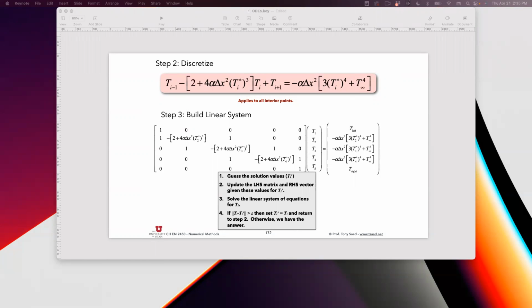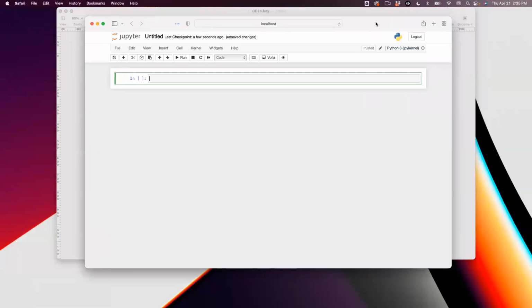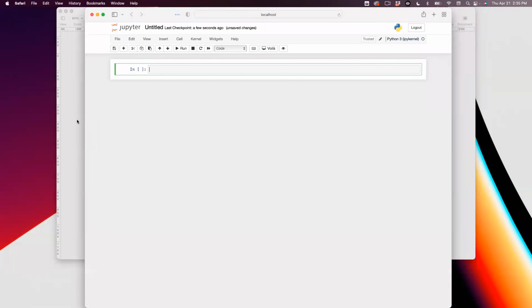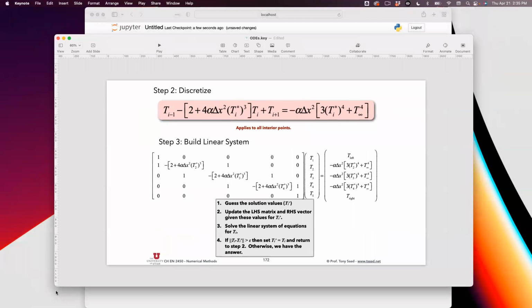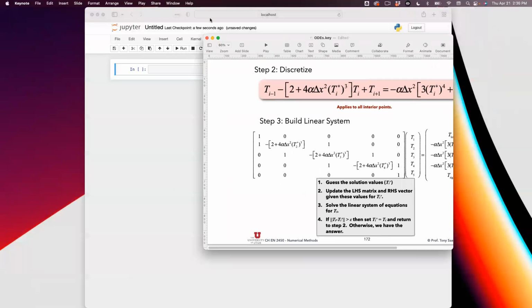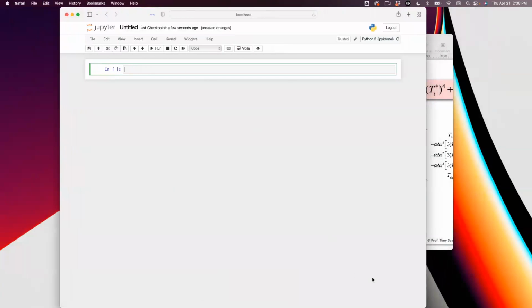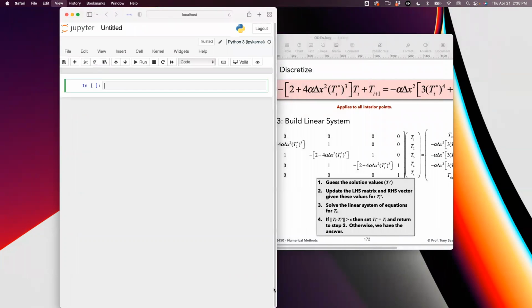Bless you. Okay, let me just create a new notebook. Got a new notebook over here. We're going to need this guy on the side. I'll just swap back and forth.